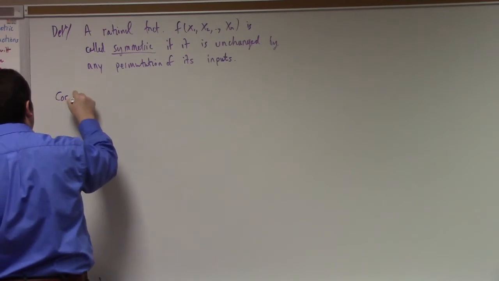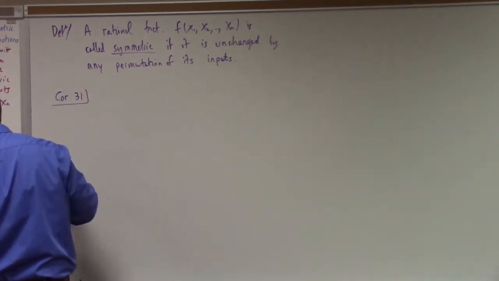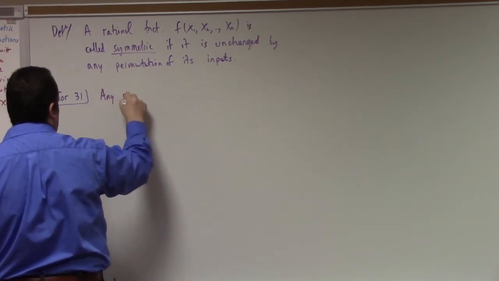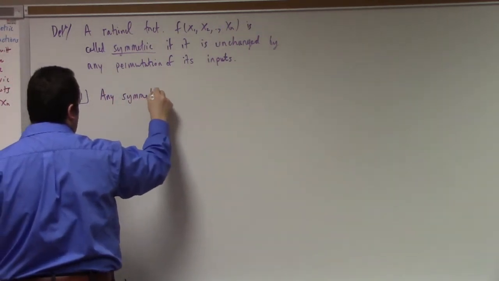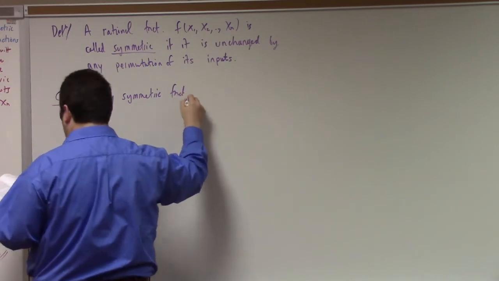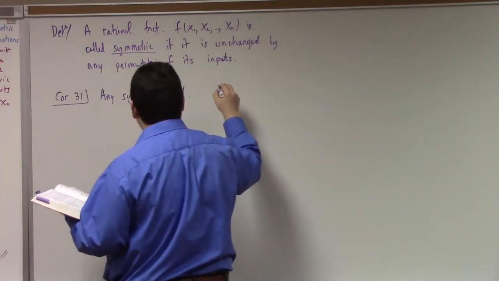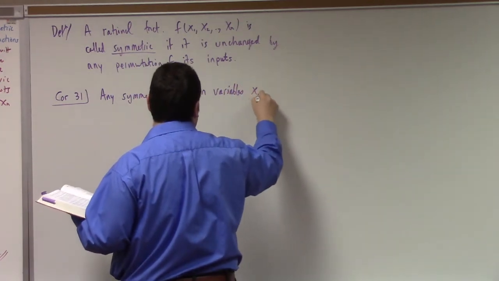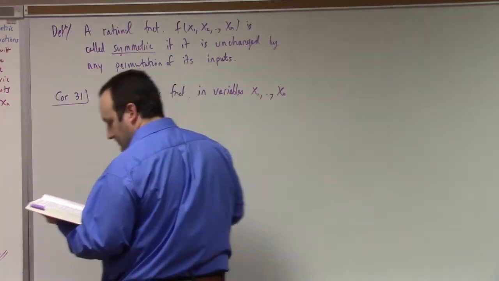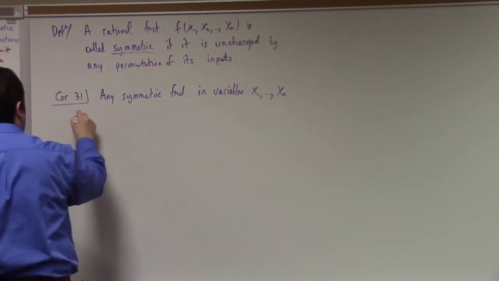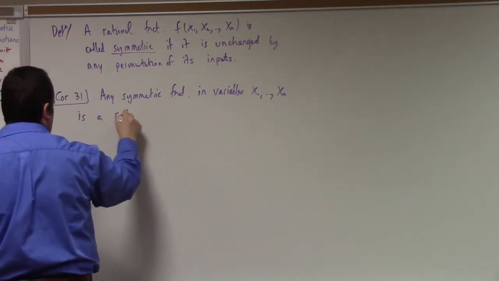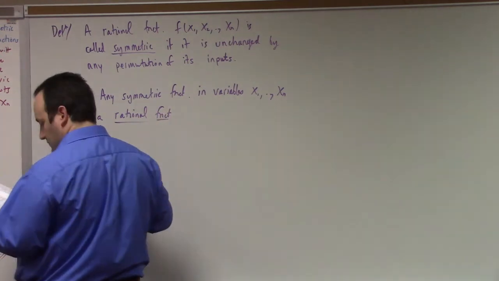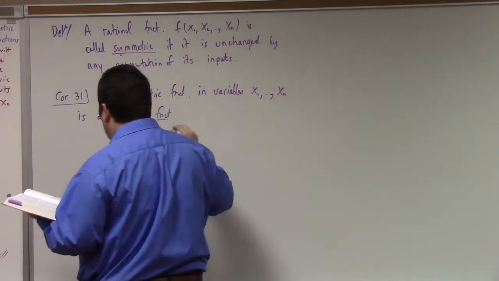Corollary 31. This is the fundamental theorem on symmetric functions. Any symmetric function in variables x1 through xn, all right, is a rational function, all right, in the elementary symmetric functions.